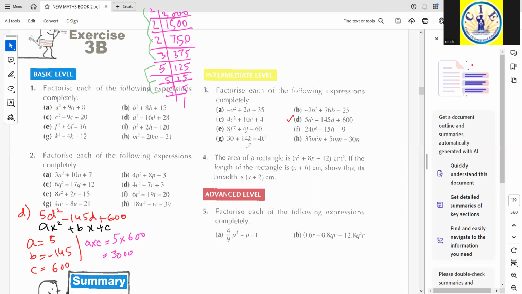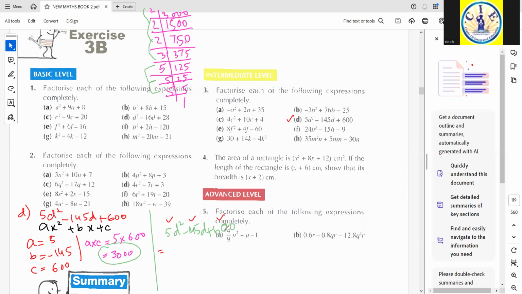Now, rethink this question once again: 5d square minus 145d plus 600. If you see, all of these terms are multiples of 5.